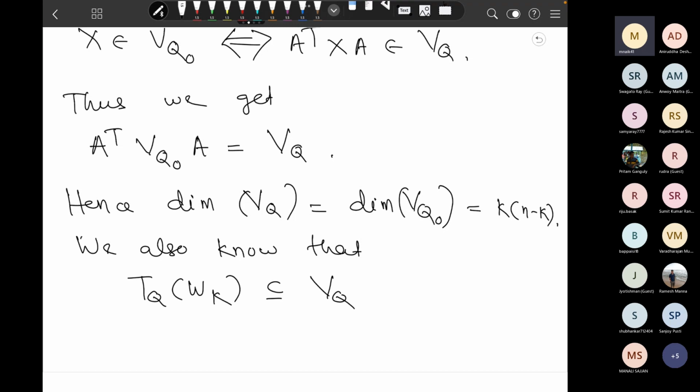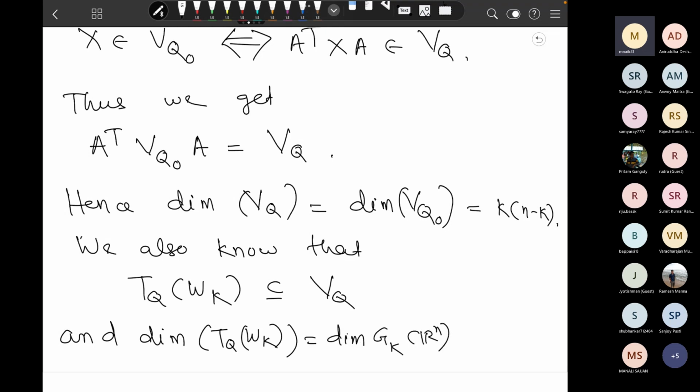And dimension of T_Q W_k is really dimension of G_k(R^n), and this is really k into n minus k. So both T_Q W_k and BQ have same dimension.